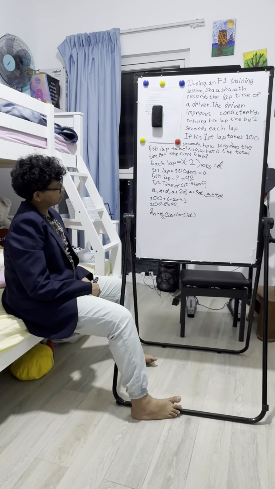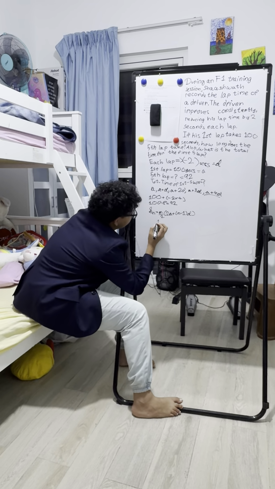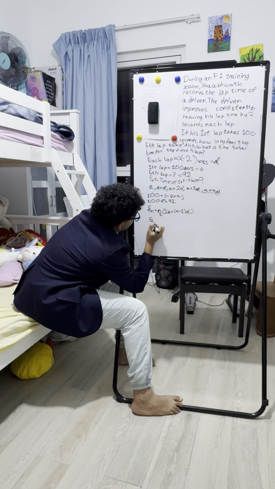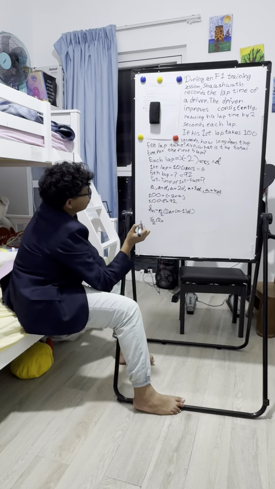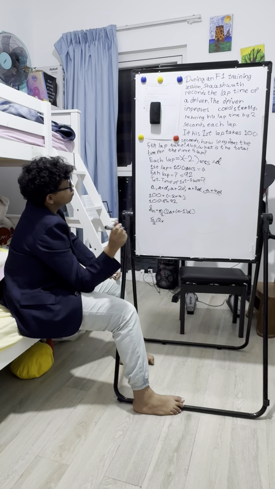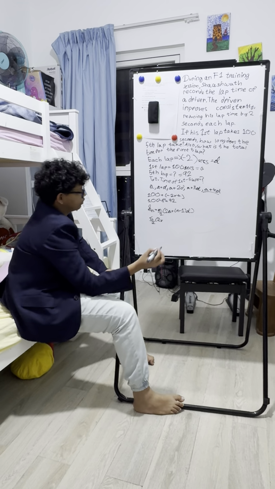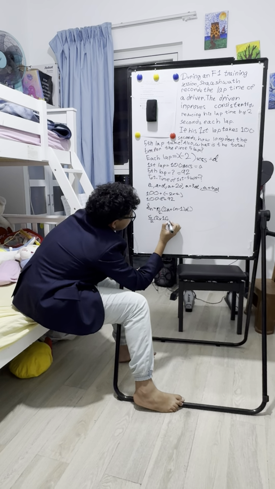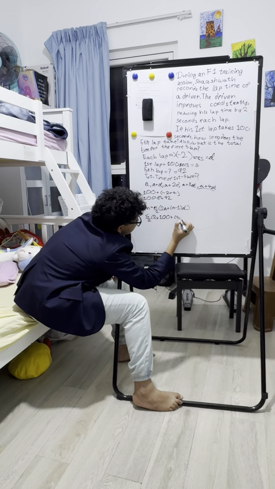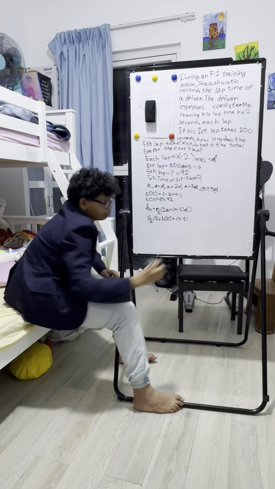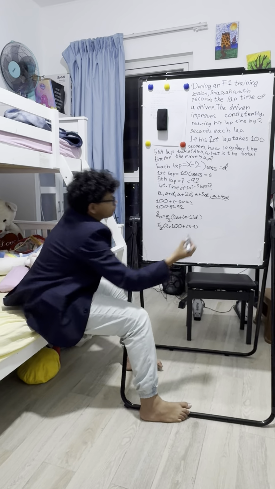First, obviously here n is equal to 5. 5 by 2 into 2 into 100 plus 5 minus 1 into d, which is minus 2.